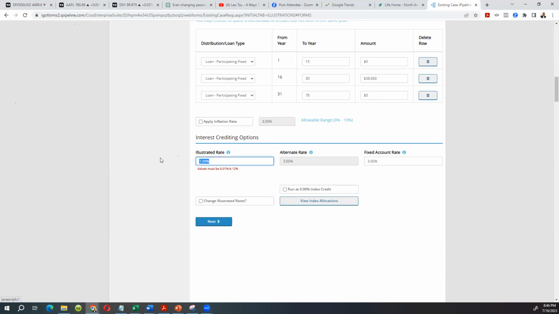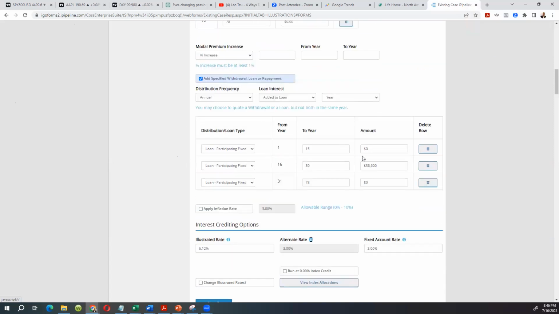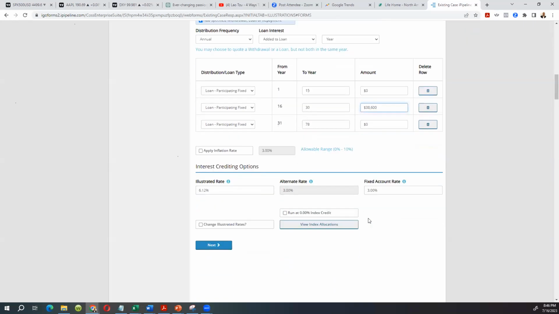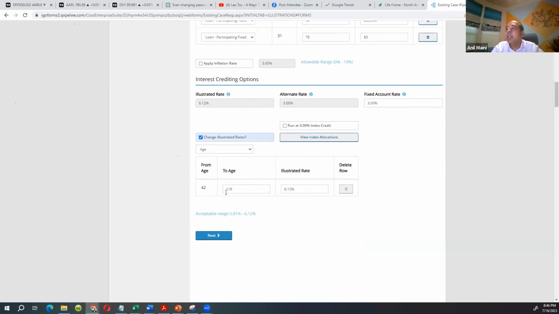Anilji, I have one question. Okay, 6.12, they are not allowing that. So let's decrease our. I think Anil bhai, there is an option at the bottom, right? Change illustration rate. If you select that one, then it will allow. Okay, let's see. Illustration rate. Okay, let's do it till age 72 and on average 7%.